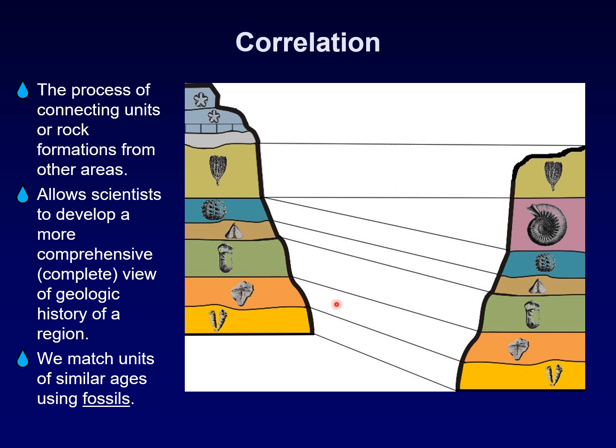And one thing to point out is fossils are super important in this process, in that we might see sedimentary layers that have very similar grain sizes and coloring, but it's not until we see fossils that match between the two that we're able to really start to talk about them being the same age, because different organisms evolved during different time periods, and so fossils are an excellent marker. And so we often use fossils in this process of correlation.